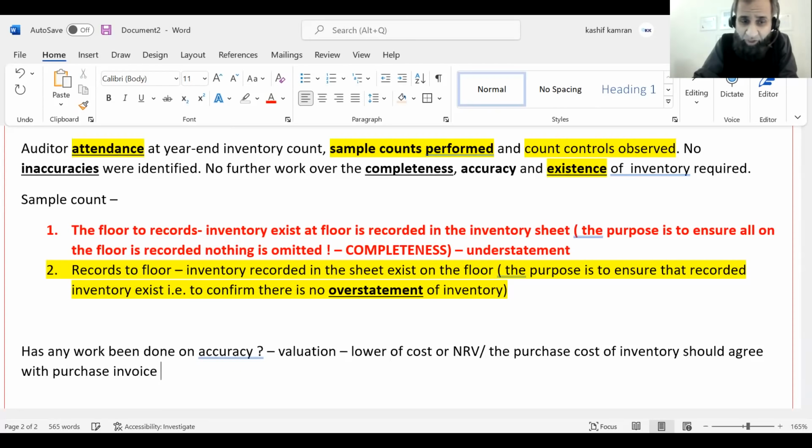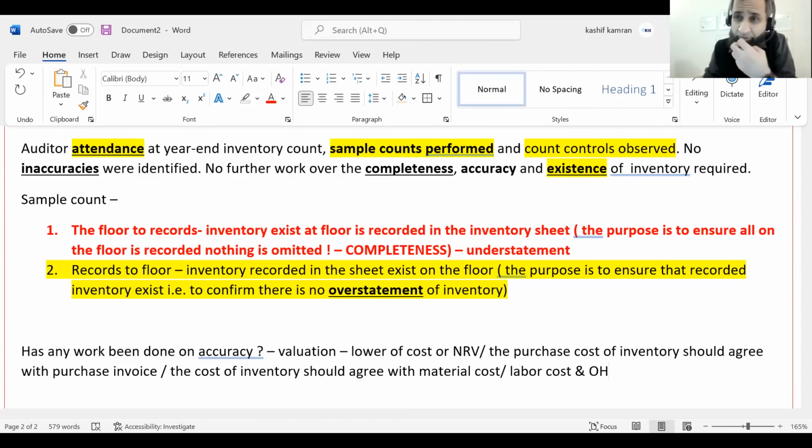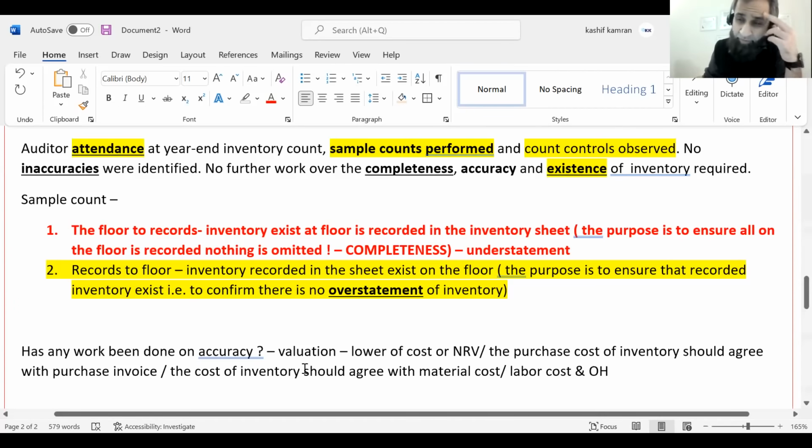Or if it is a manufactured inventory, the cost of inventory should agree with material cost, labor cost, and overheads. Have I done anything on the cost of inventory? Have I done anything on the accuracy of inventory? Tell me.